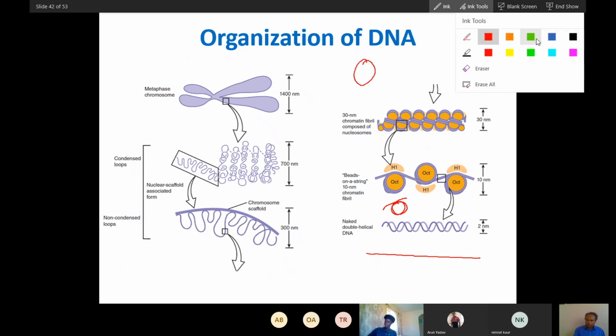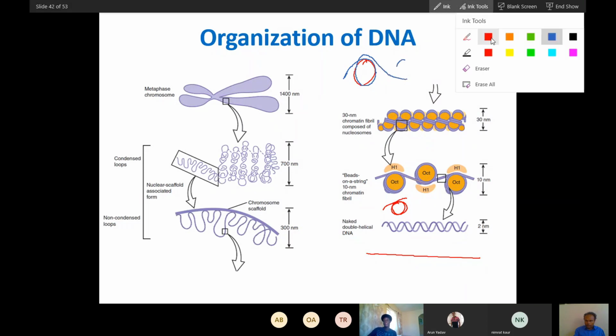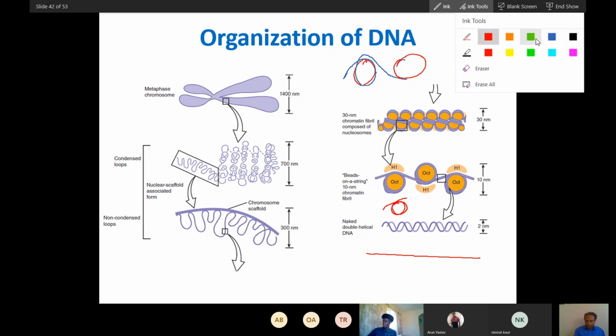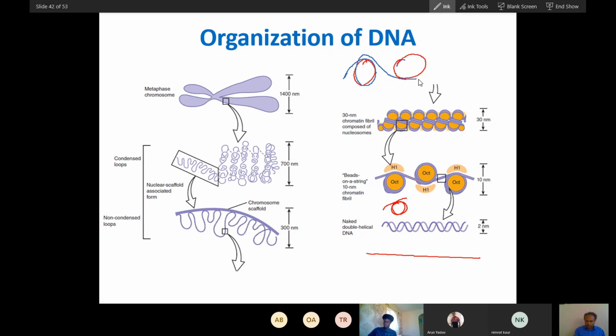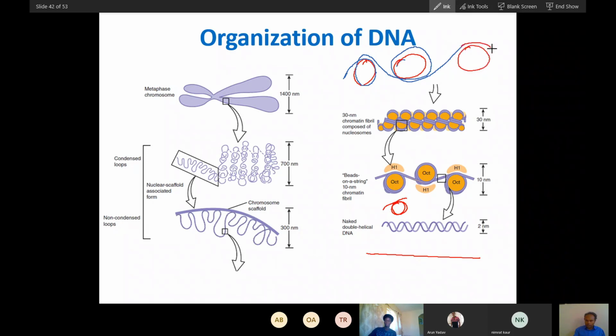This DNA will fold over this bead, then another bead comes here, and this DNA again folds over this bead. Again the next bead comes, and this DNA folds over this bead. So this is the first level of folding.